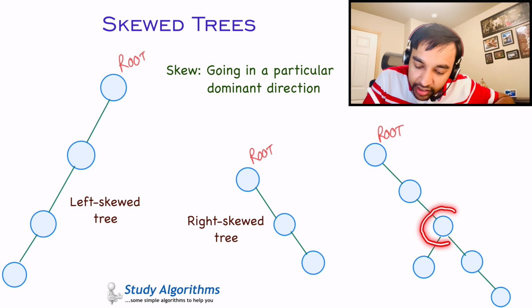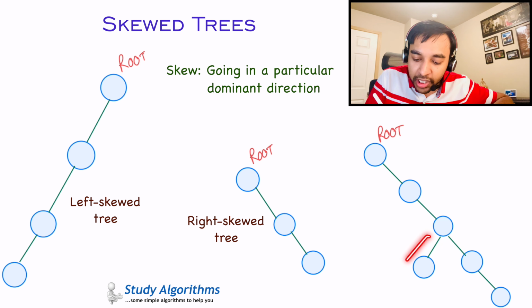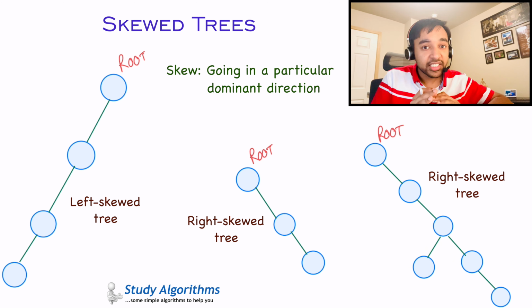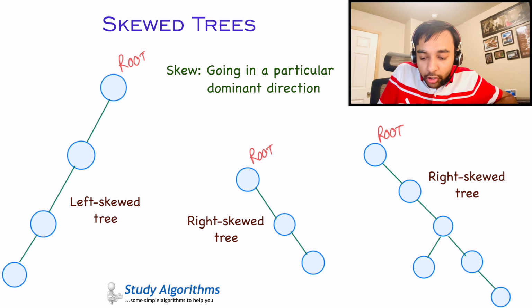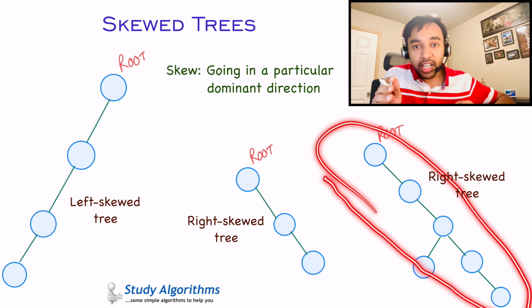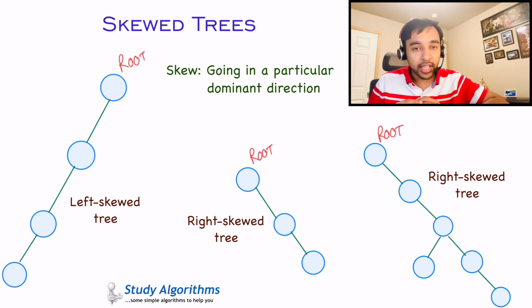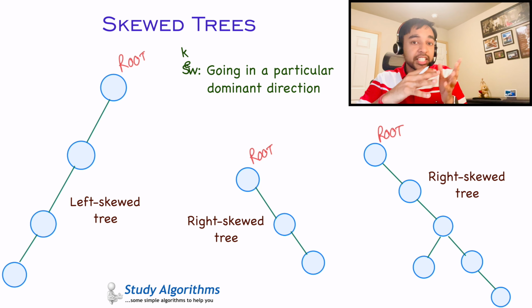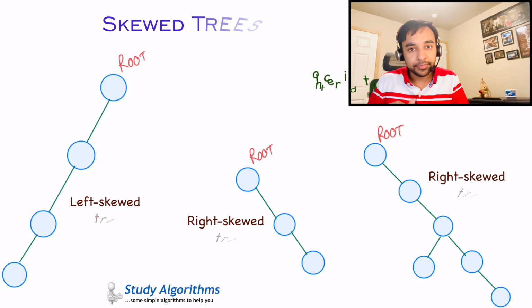But if you look at this node in the middle, it also has a left child, right? Still, this tree would qualify as a skewed tree because dominantly you are going in the right direction. You can say that this is a right skewed tree, or this tree is leaning towards the right direction.